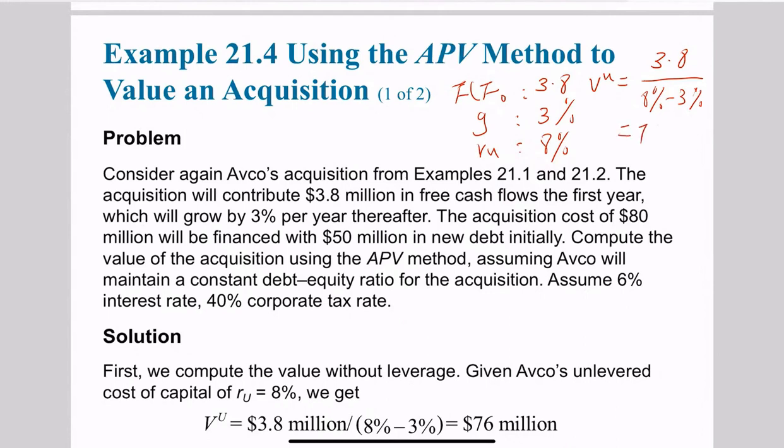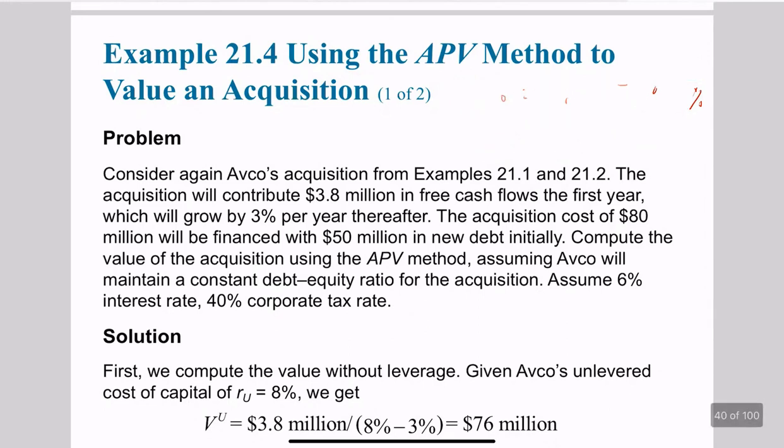And this gives us $76 million. And now the harder part. We have to find out the present value of the interest tax shield. So let's think about the timeline here.